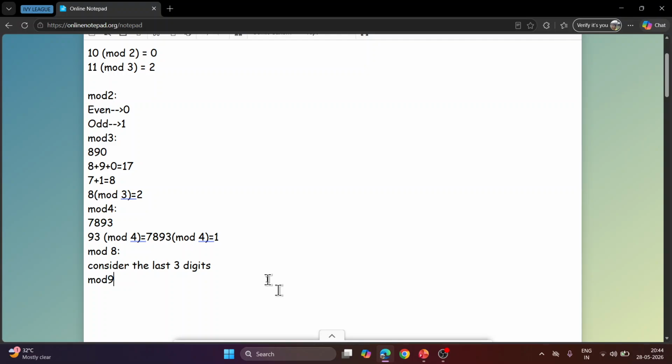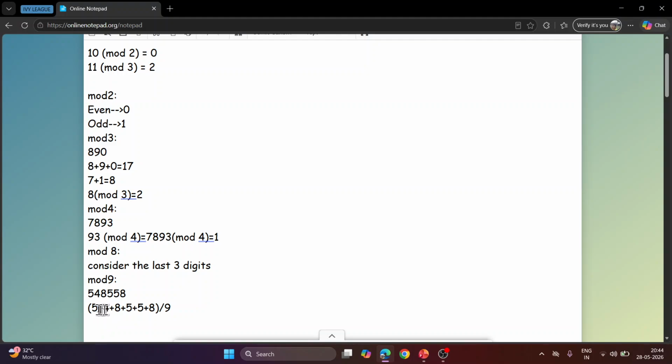So mod 9. Again you do the sum of digits. Let me give you a big number. So 5 plus 4 plus 8 plus 5 plus 5 plus 8. Then you just divide the whole thing by 9.